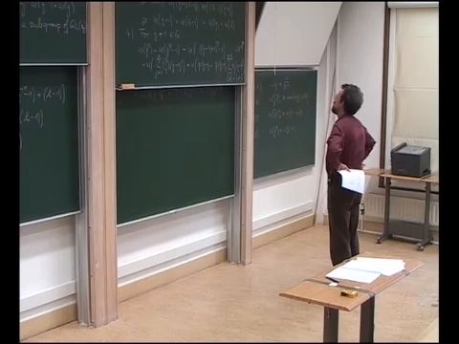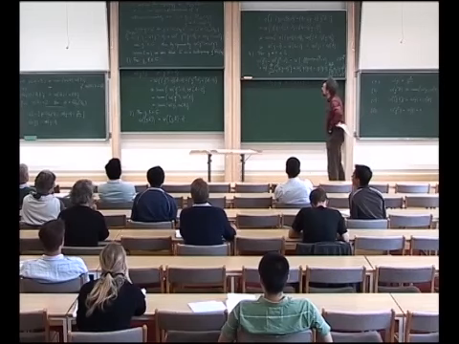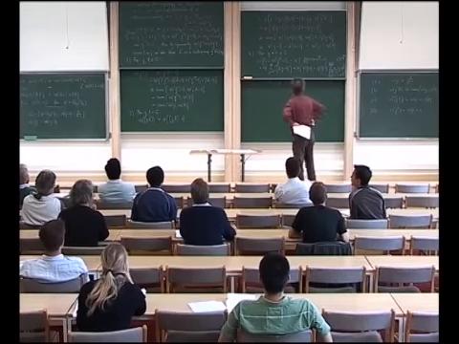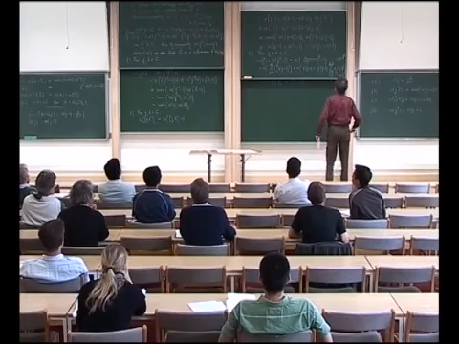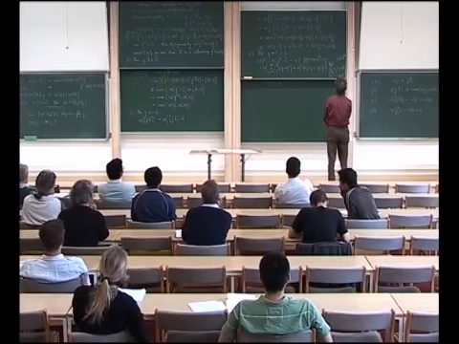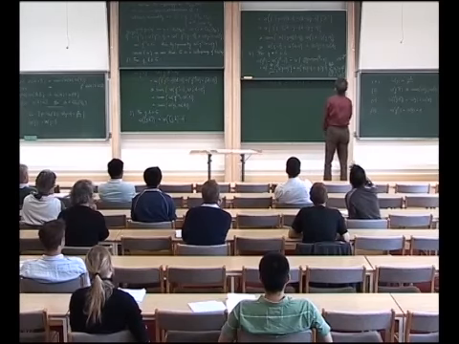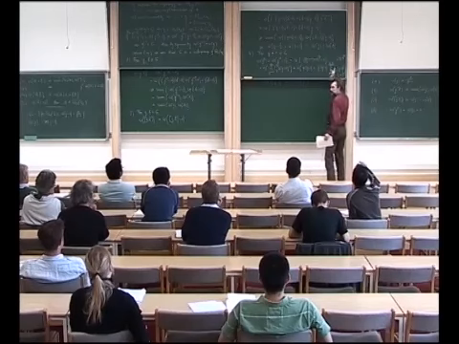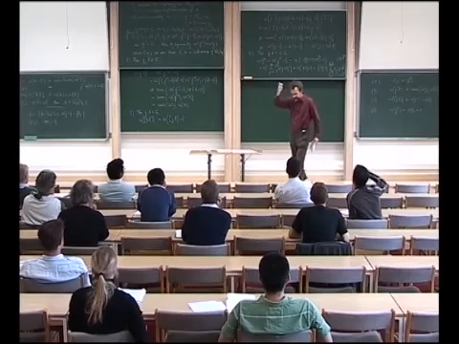G minus 1 to P minus 1 is greater or equal than 1, yeah? Why do you have to use that? I have to look. You have to use that omega of G is greater than 1 over P minus 1. Oh, no, it's strict.